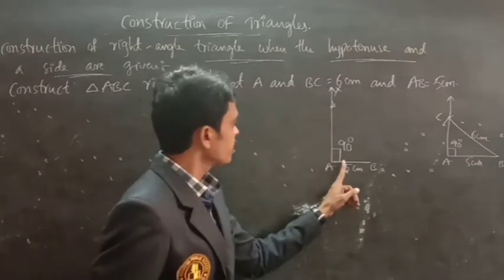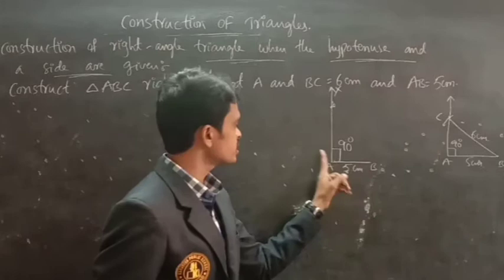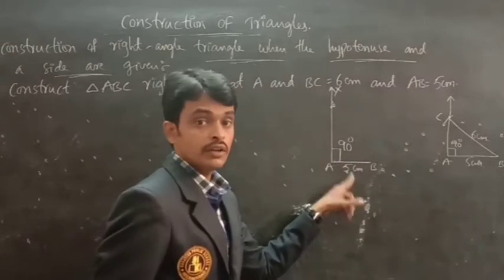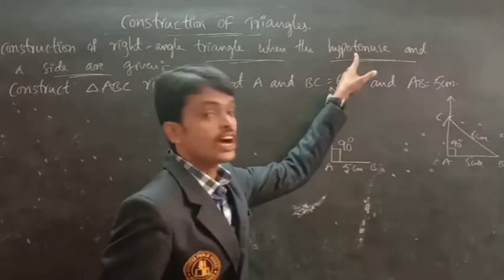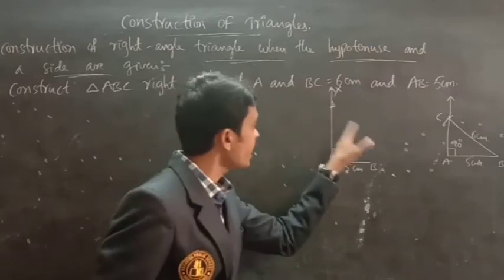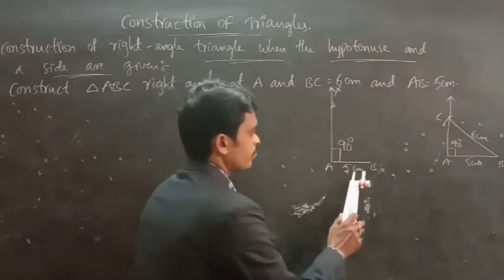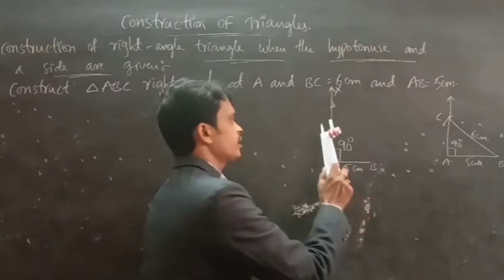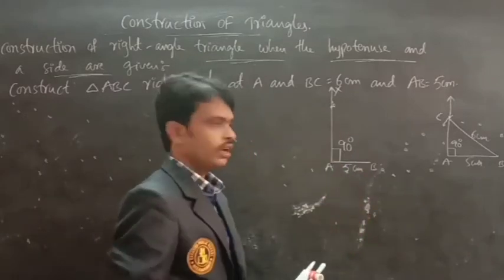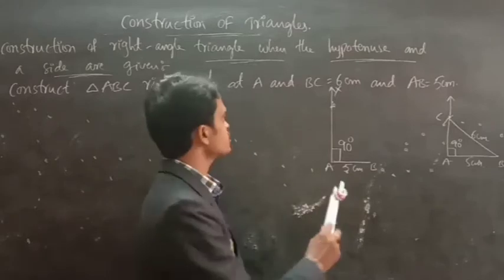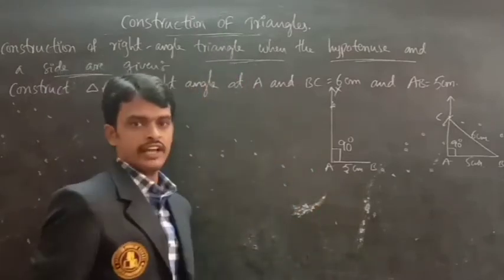So here 5 centimeters we got, the adjacent side we got, but what are we using? Yes, the hypotenuse. So BC is the hypotenuse. So by using the hypotenuse and the adjacent side, that is a side, either height or base, and by using the right angle, we are constructing the right angle triangle.